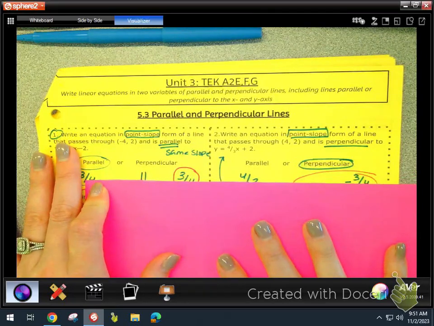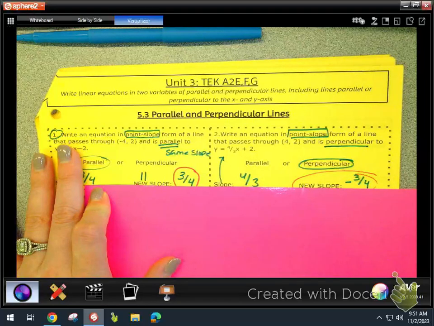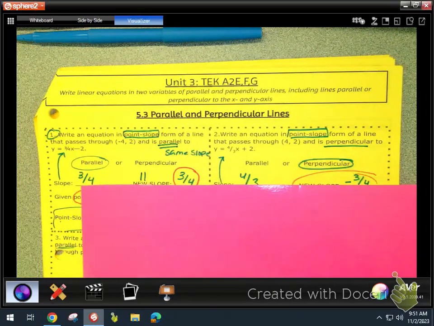If it's perpendicular, the word will be there, but it's up to you to make sure you're writing down the perpendicular slope and the point. You have to sift through all that information and take it out. We're not going to have these little questions for you to fill out. It's just going to be question, what's your answer? We'll get there, but that's the goal.